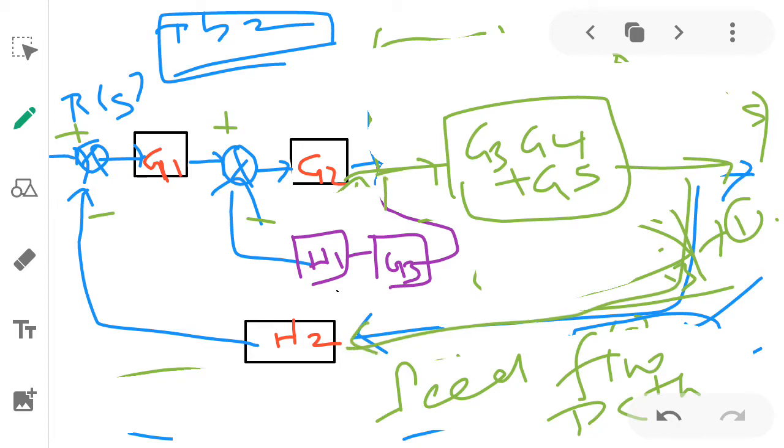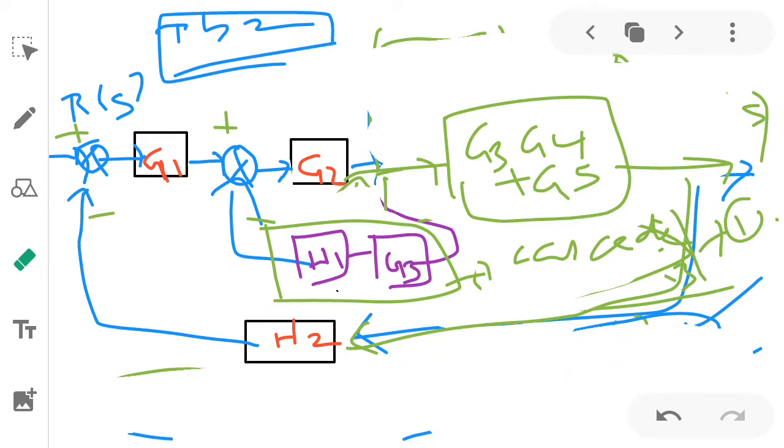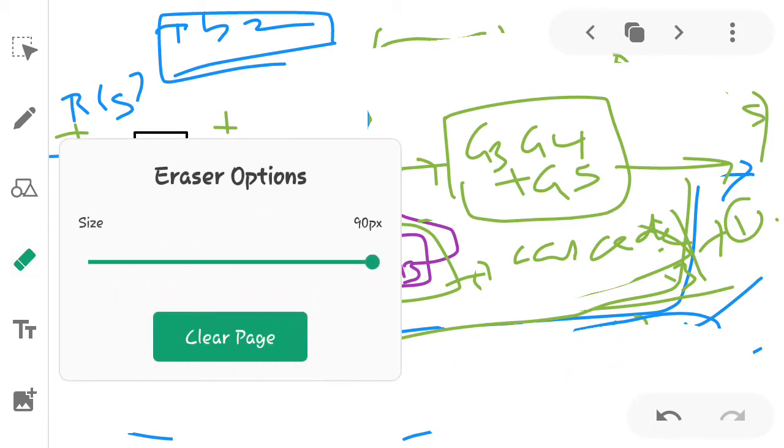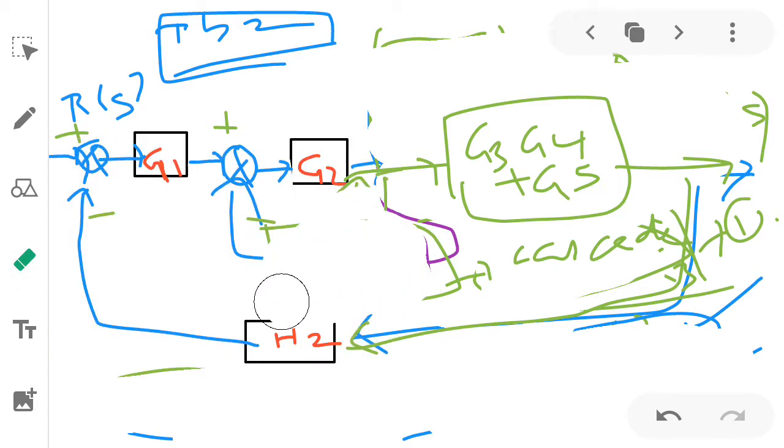The next step that you can apply is you connect these two blocks that are in cascade. Now if you reduce that, you will get H1 G3.